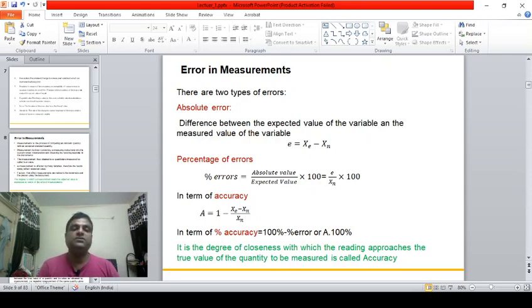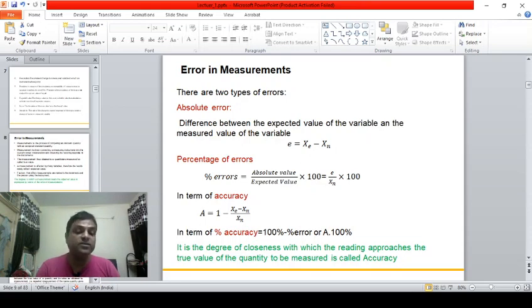In terms of accuracy, we take the percentage of this particular quantity. 100 minus the percentage error is the accuracy, or if we calculate accuracy and multiply by 100, it directly gives the percentage accuracy.